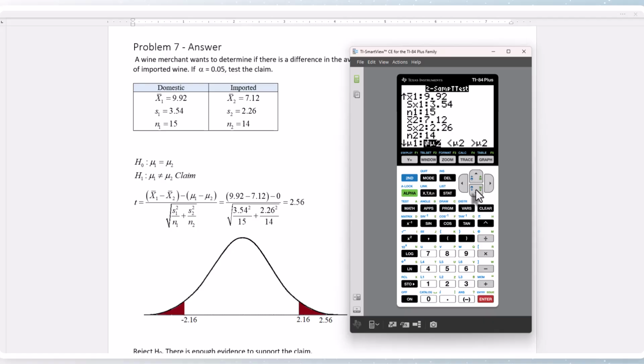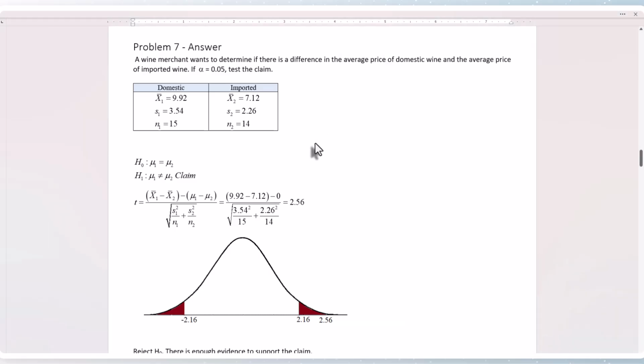We want not equal to. Pooled, always choose no. Calculate. T is 2.56.